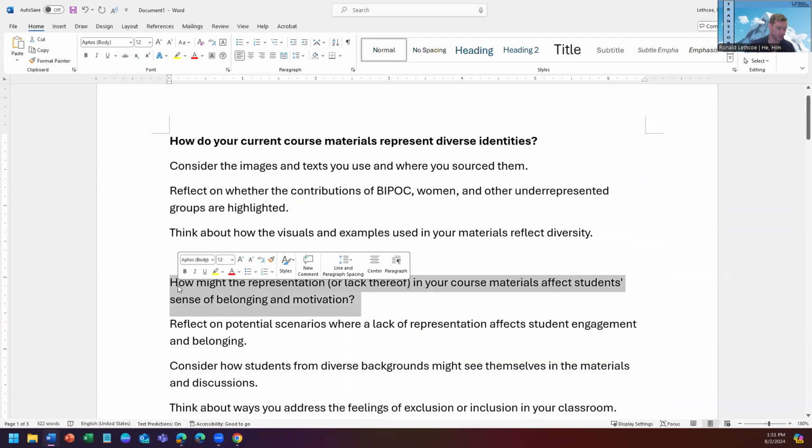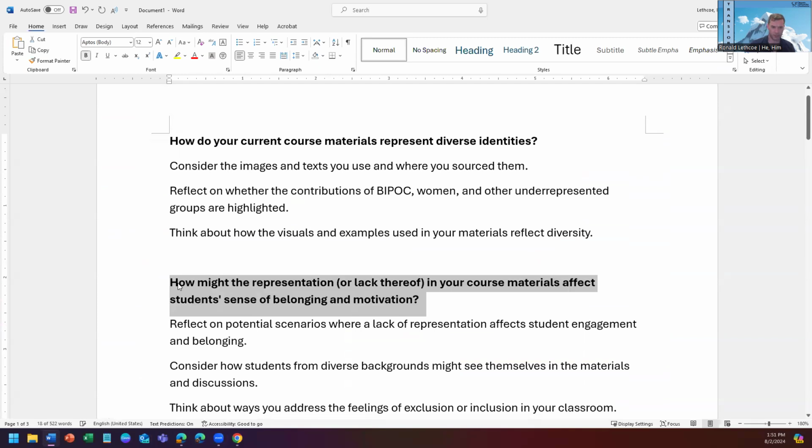We'll pose this next question to the group, if anybody wants to talk about it. How might the representation or lack thereof in your course materials affect the student's sense of belonging and motivation? I feel like anybody can answer this. Take the empathetic view from your students' perspective.